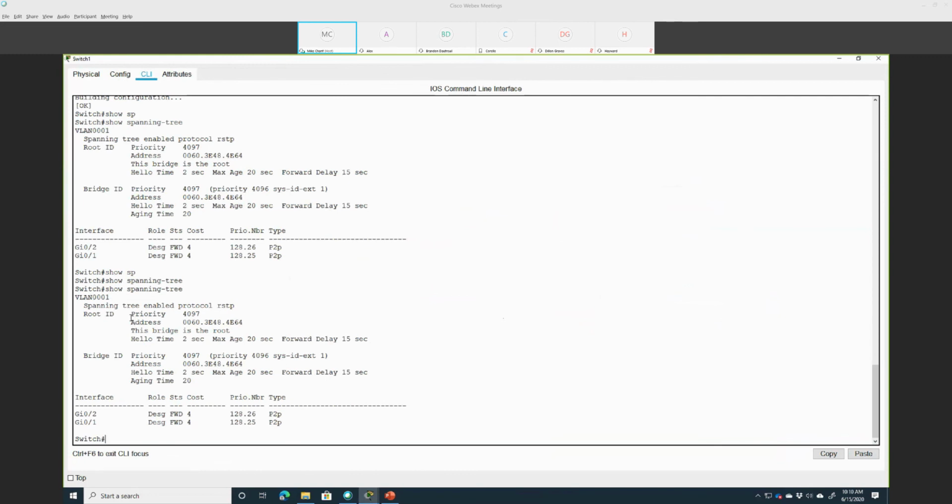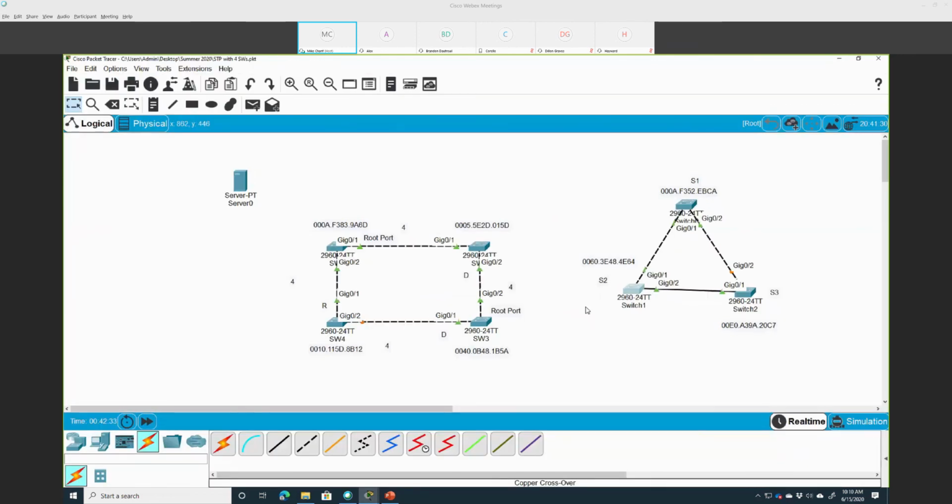The root priority is 4097, because we put 4096 and, since it's VLAN 1, it added the VLAN ID to it. It has this MAC address, ending in 4E64, and no cost. So 4E64 is this guy here, and therefore this becomes the root bridge. You got the idea?